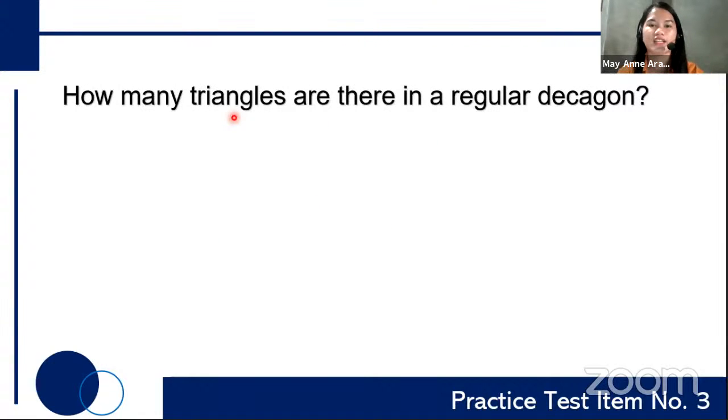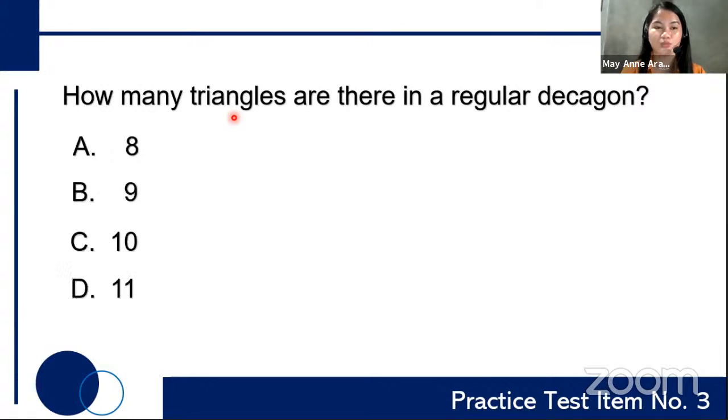Okay, how many triangles are there in a regular decagon? Remember our formula here, n minus 2. So we have A 8, B 9, C 10, and D 11. How many triangles are there in a regular decagon?